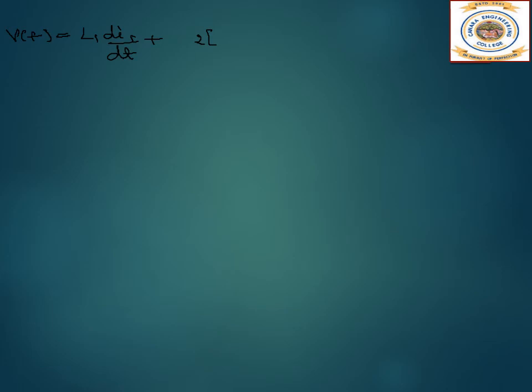So this is R2 into (I1 minus I2) plus R3 into (I1 minus I2) plus K1. K1 is what? 1 by C. So it will become 1 by C1 integral (I1 minus I3) dt.